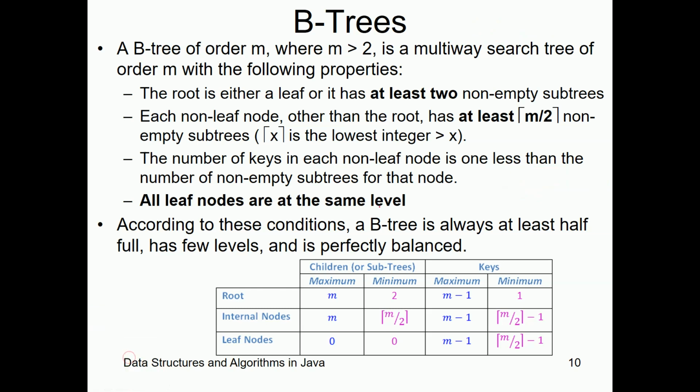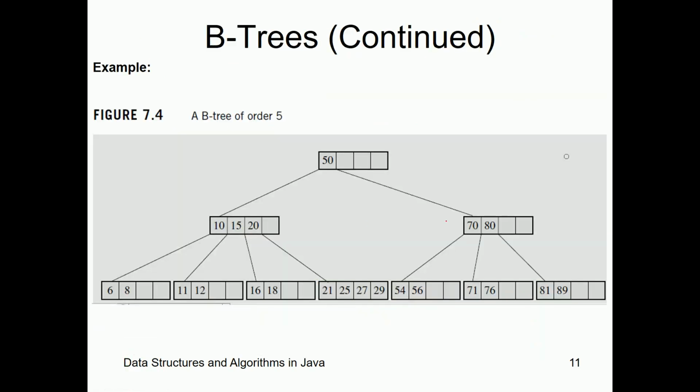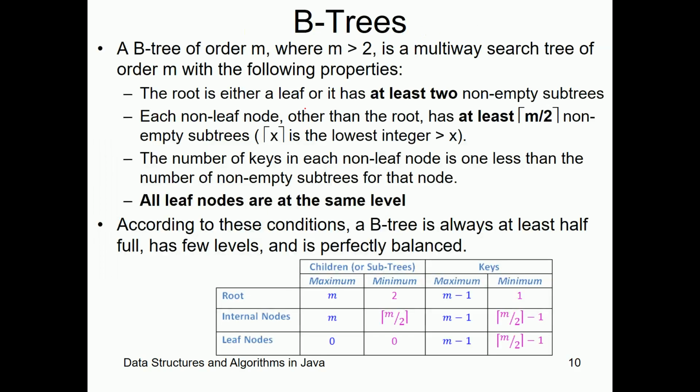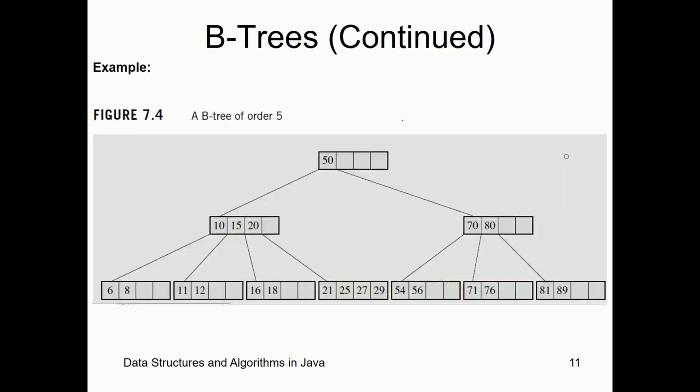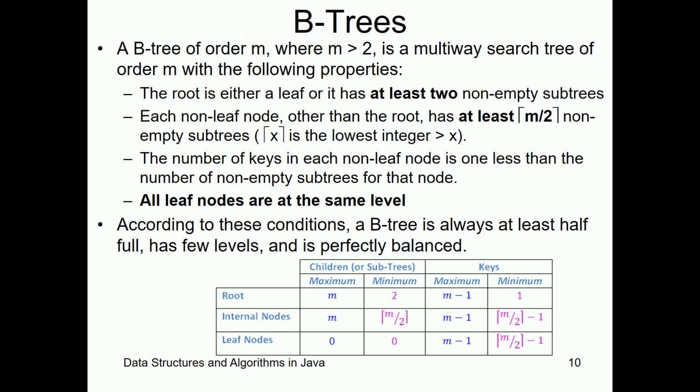Now let's have a look at this thing. Each non-leaf node, this is a non-leaf node, this is a non-leaf node, this is a non-leaf node. These are leaves. Each non-leaf node other than the root, that means these ones. So we're talking about non-leaf nodes other than the root, not the top, not the bottom. What are these? They have at least m divided by 2, and then the ceiling of that, non-empty subtrees.